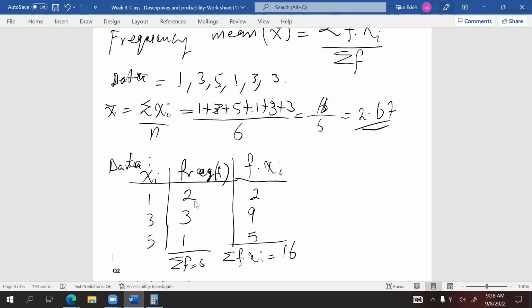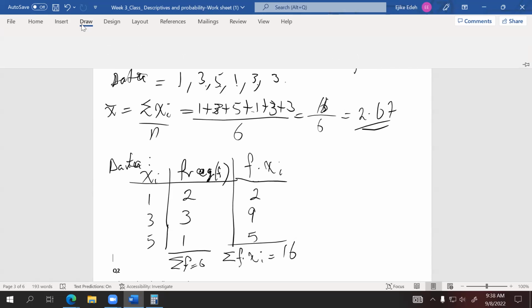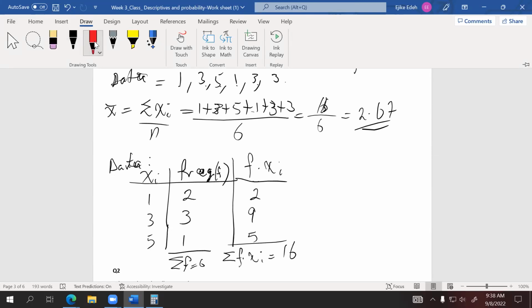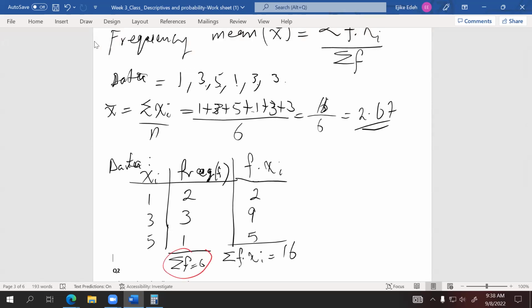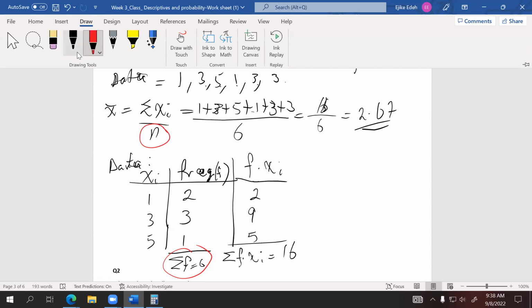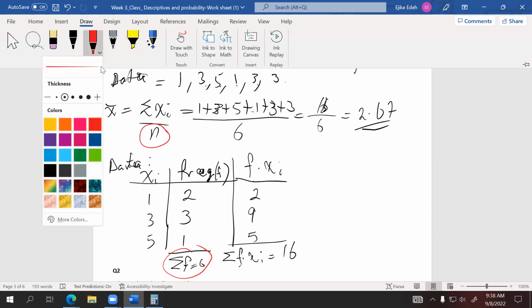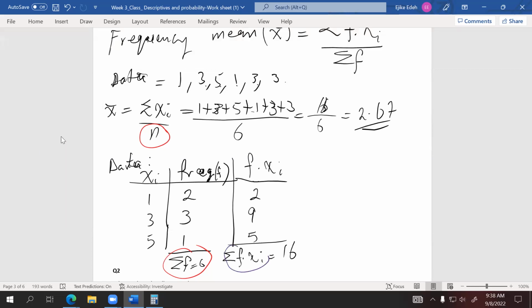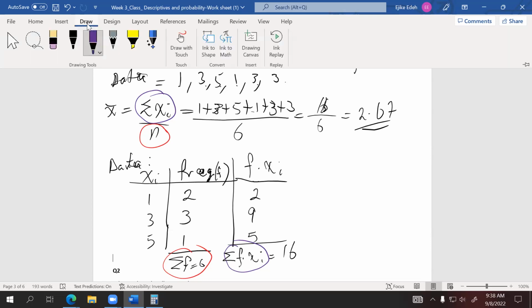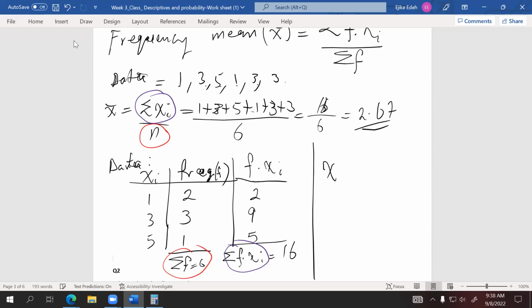So if you match this, it's like saying you can actually solve the same problem by seeing that this is the same thing as this. What color do I use now? Purple. And this will be the same thing as this one. So if that is the case, then the formula can effectively be replaced. So we now have 2 formulas for calculating the mean.